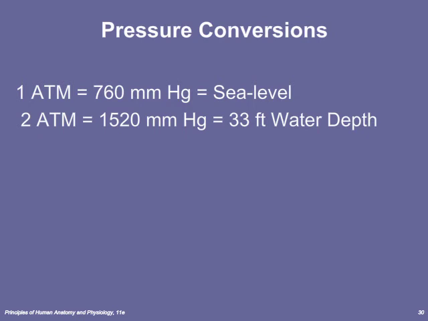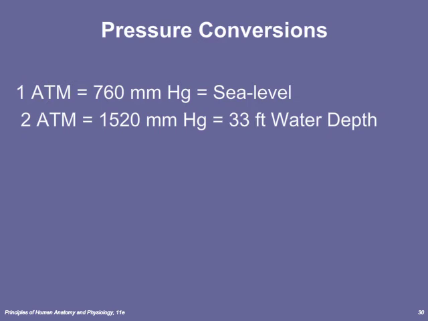And 1 atmosphere is also equivalent to 760 millimeters of mercury, and we call that sea level pressure. And so remember, you've probably seen the units millimeters of mercury when we were measuring systolic pressure, which was only 120. So in this case, atmospheric pressure is much greater than systolic pressure.